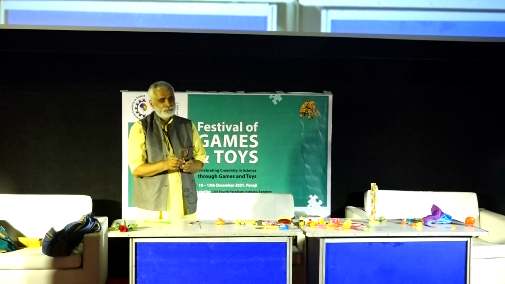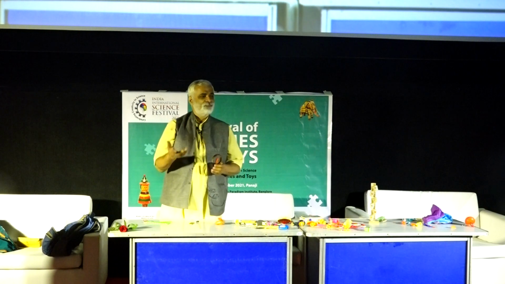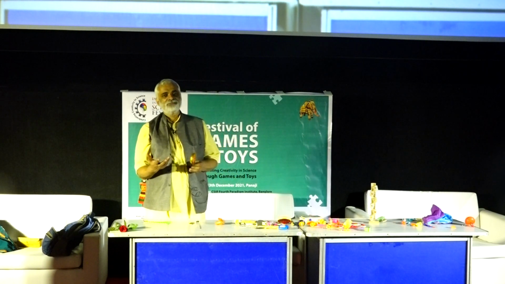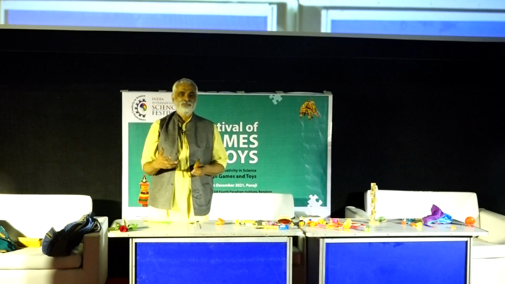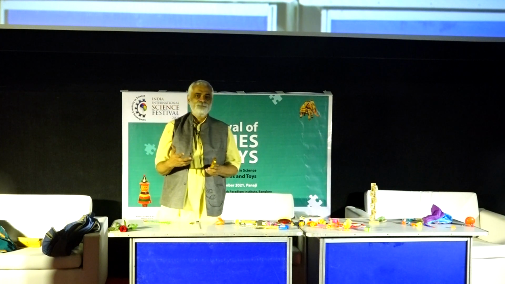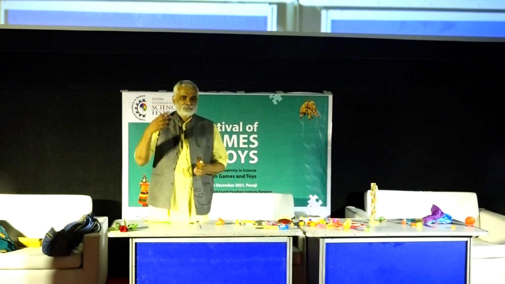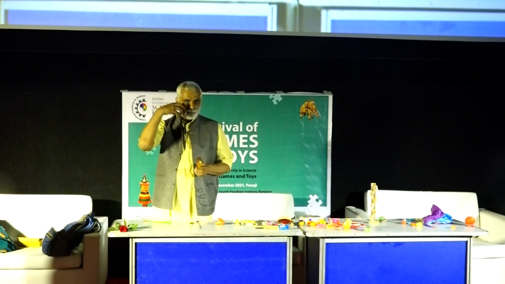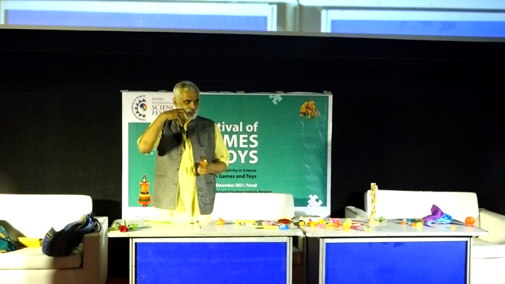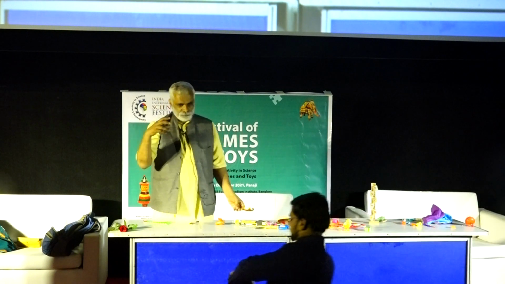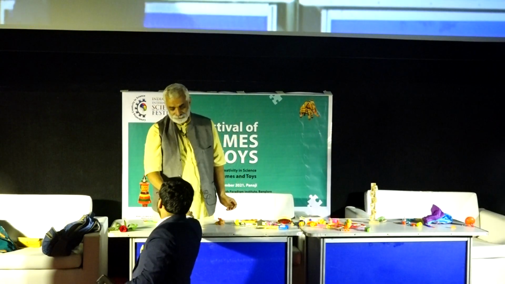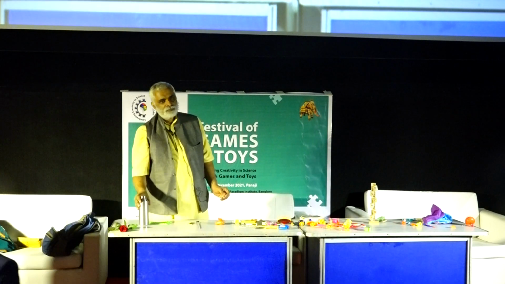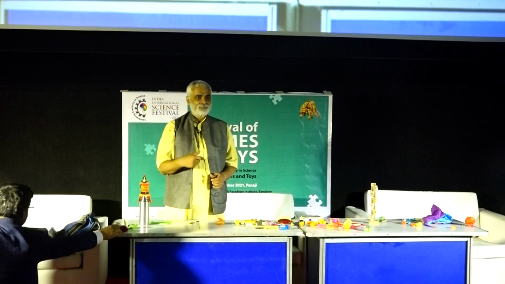Why? There is something called persistency of vision. What is that persistency of vision? दृष्टि सातत्य. दृष्टि सातत्य मतलब, see, when you see some object, the image forms on your retina, and the retina will remember that image for a certain time, and then it will forget. It will not forget immediately.